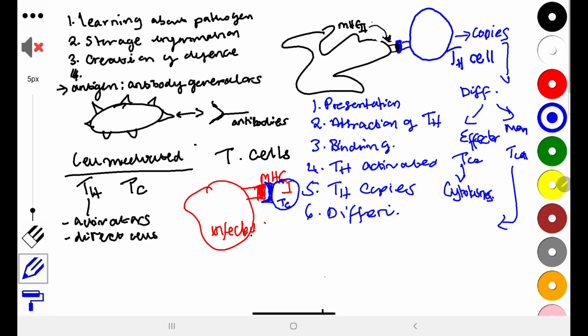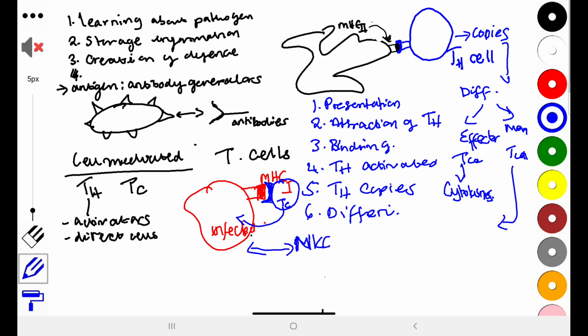Once it recognizes, then it will inject in particular lysosomal enzymes, and then we'll see that this infected cell is killed. This is different from what we talked about in the NKC. Can you pause the video and see what happens in the NKC and how it is different from this one?